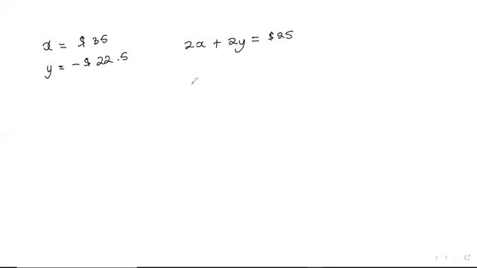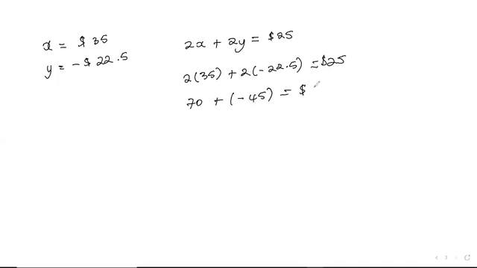Let's check and see. So we have 2x, which is 2 times 35, plus 2 times -22.5, equal to 25. If this is correct, then let's set it up. 2 times that is 70 plus -45 equal to 25.